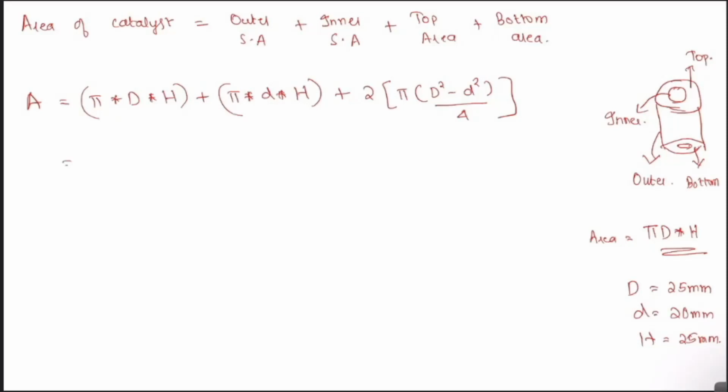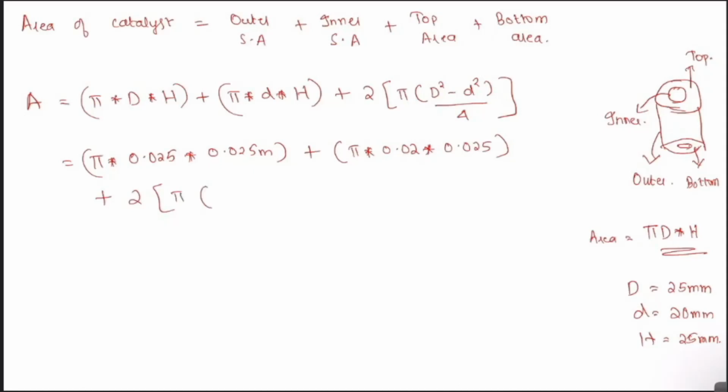So this will be pi into D, which is 0.025 meter, into height, which is again 0.025 meter, plus pi into small d, which is 0.02 meter, into height, which is 0.025 meter, plus 2 into pi into (0.025 the whole square minus 0.02 the whole square) by 4.